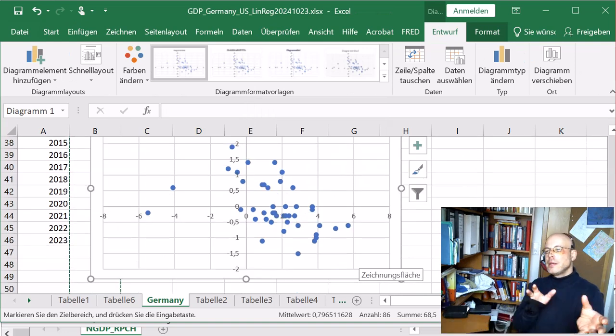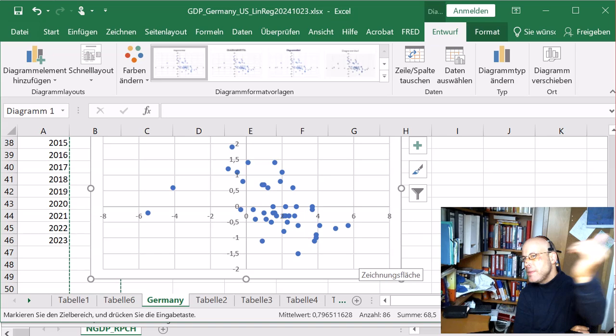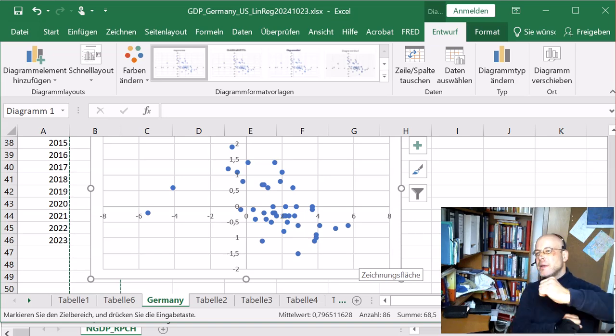And here you directly see, well, if you take the whole period, we can somehow see that there is maybe a negative dependence, but then you also see we won't find a very high correlation between unemployment and GDP growth rates.